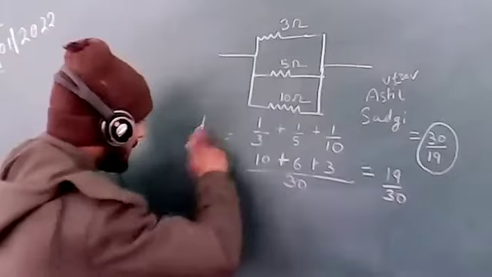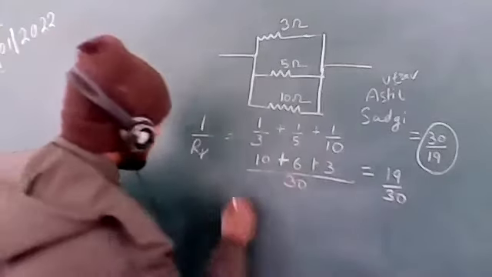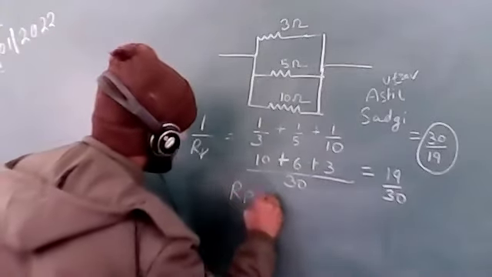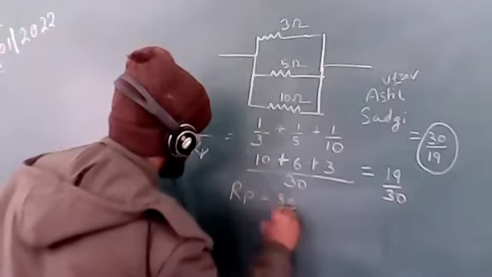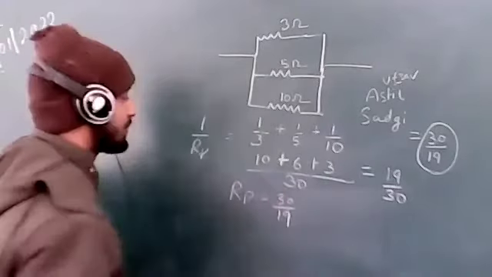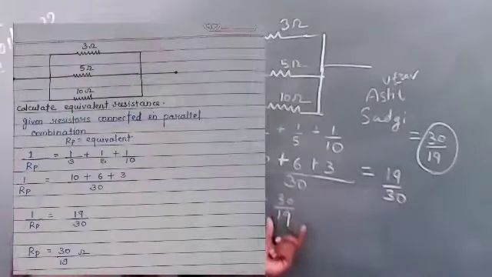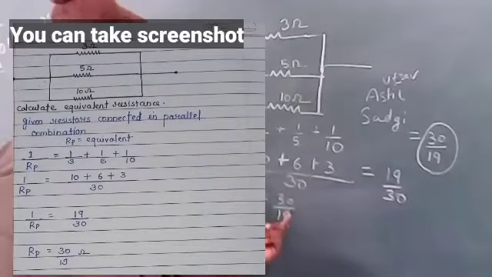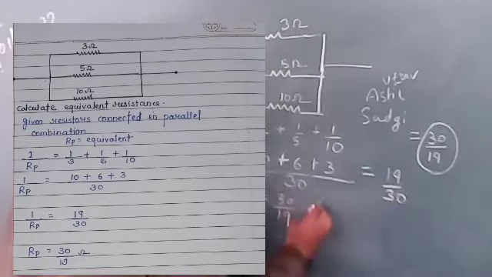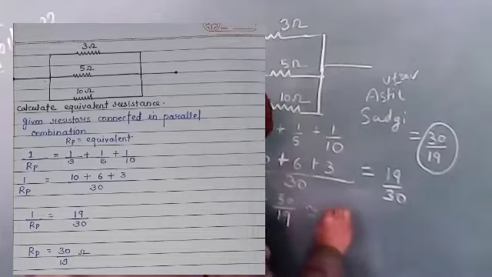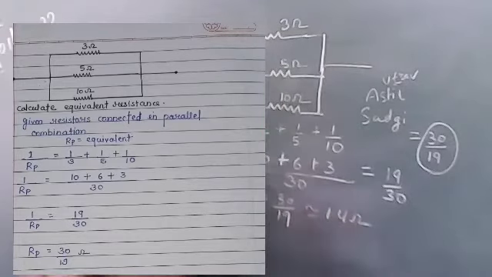Now 1 upon Rp is equal to 19 upon 30 and Rp is equal to 30 upon 19. Okay, that is less than 1.5 ohm. So we can write approximately 1.4 ohm.